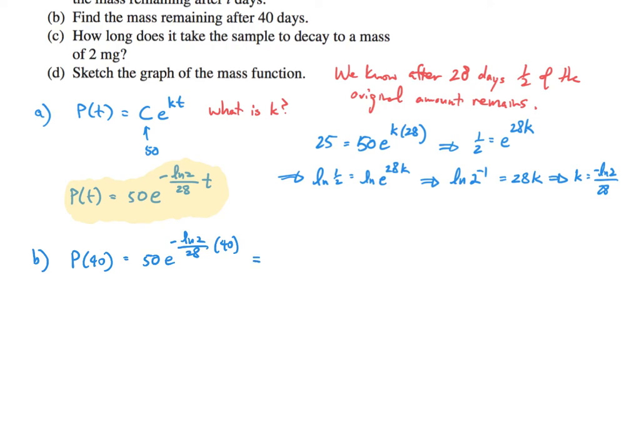And let me put that into my calculator. We end up with a rounded answer of 18.6. Okay, so I am going to highlight that. This is the amount of strontium we have left. Let me make sure I include the units. That's going to be in milligrams.